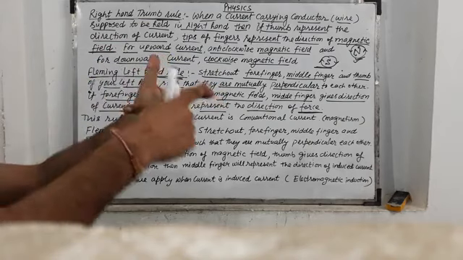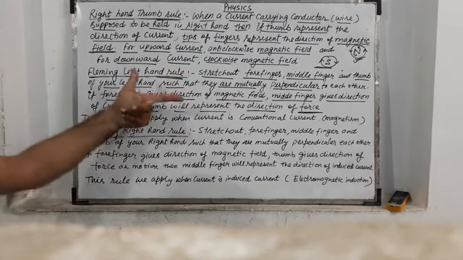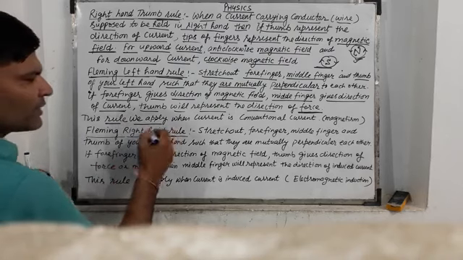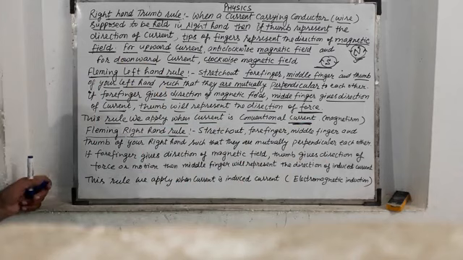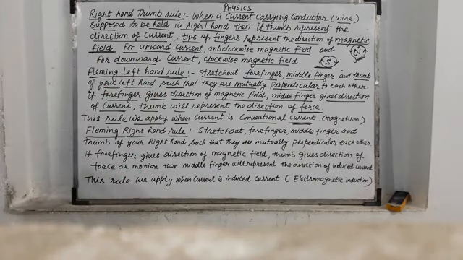So father, mother, child is the shortcut to learn this rule. Okay, this rule we apply when current is conventional current. In case of magnetism we apply Fleming left hand rule.